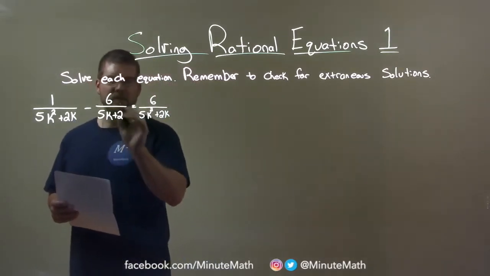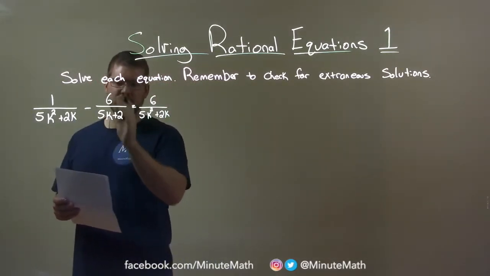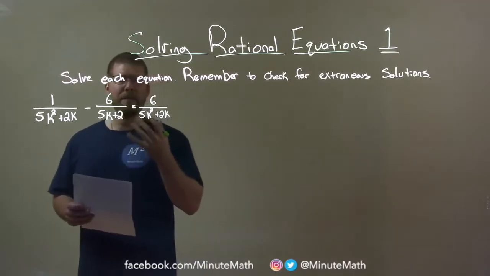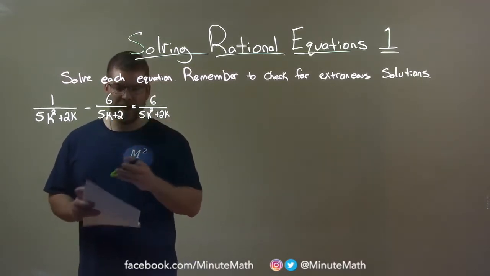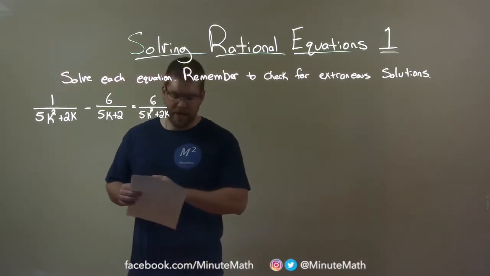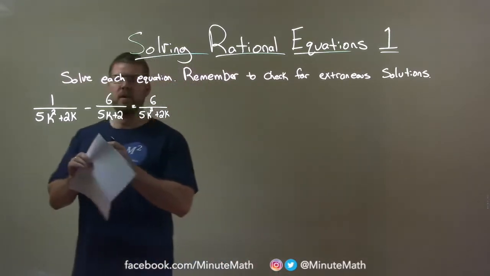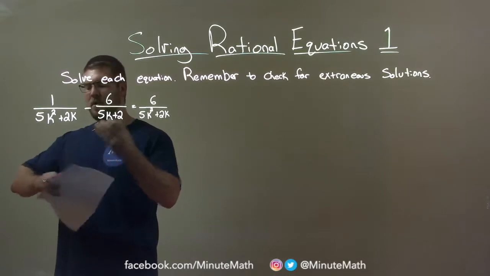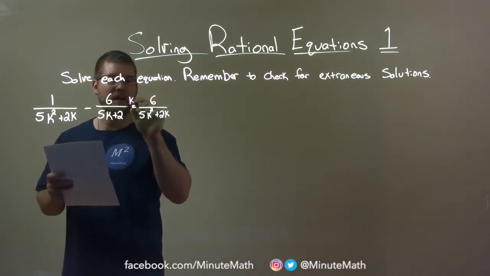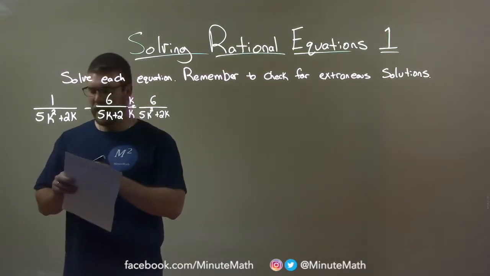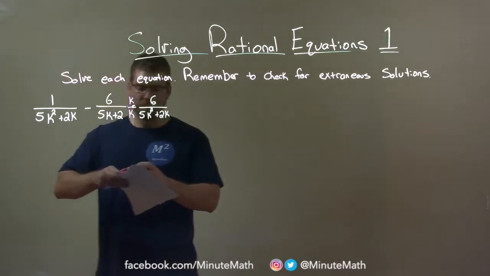So I take this one right here, this 6 over 5k plus 2, and I multiply that by a k. Okay? So I multiply by a k over a k. So what is that going to do?